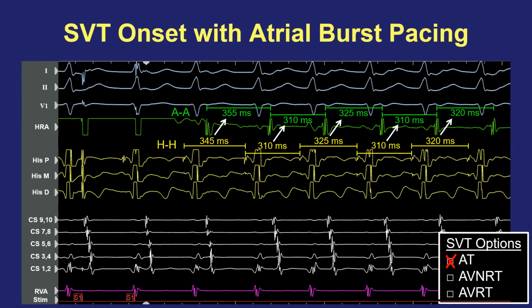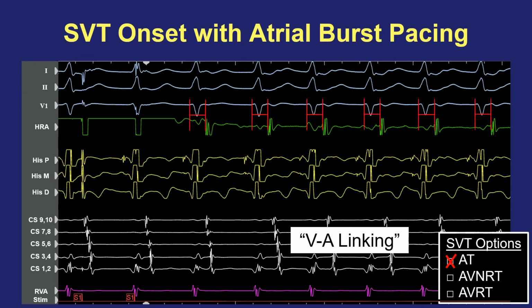And another term that sometimes people call when they see the H's or the V's driving the A's is VA linking. I don't like this term that much. What it means to suggest is that there is a fixed linking cycle length, or interval I should say, between the beginning of the QRS and the atrial events. The A's are sort of linked to the preceding ventricular events.